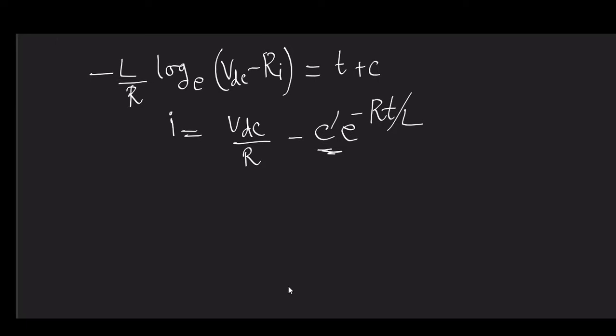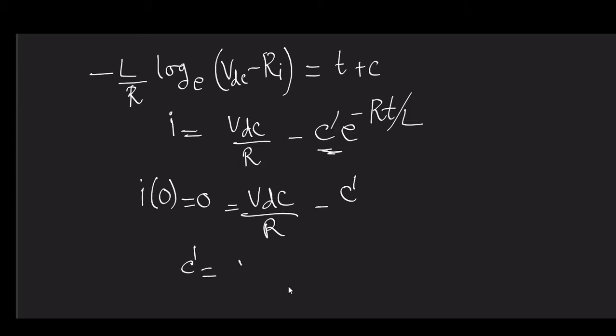The inductor was initially relaxed. So i at t is equal to 0 is equal to VDC by R minus C dash. Here the exponential minus Rt/L will result 1. So basically you will get C dash is equal to VDC by R.